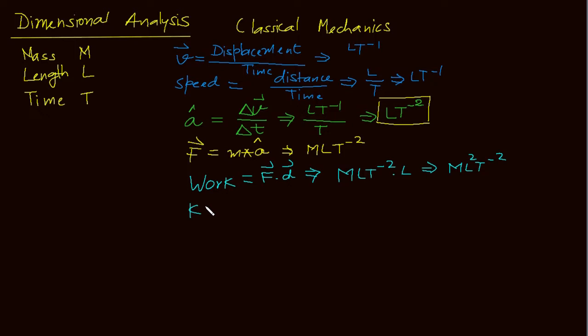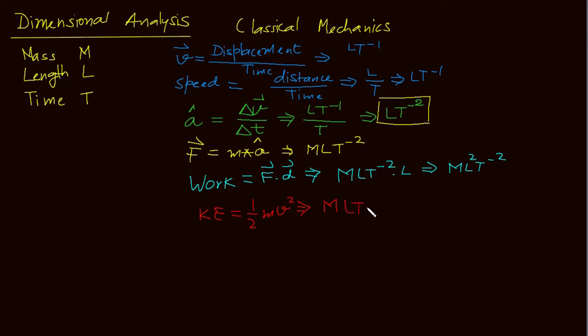Kinetic energy. Let me use a different color to keep the rhythm. Kinetic energy, half m v square. We don't have dimensional notations for or need for constants, so we ignore this. M, and velocity is L T raised to the power minus 1.